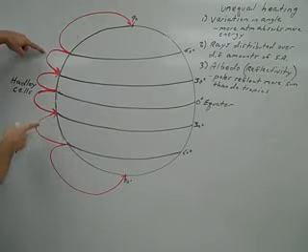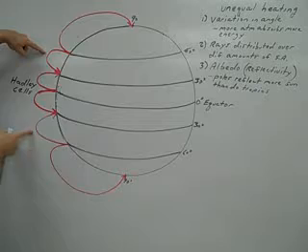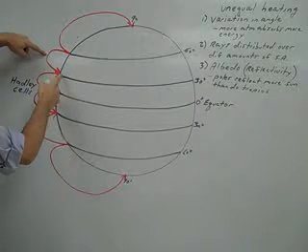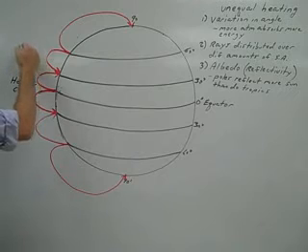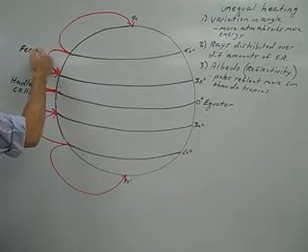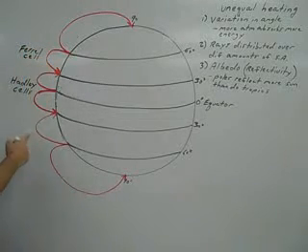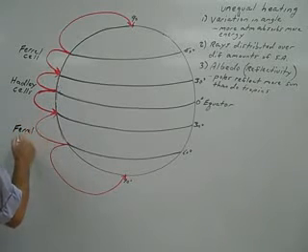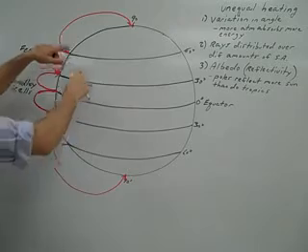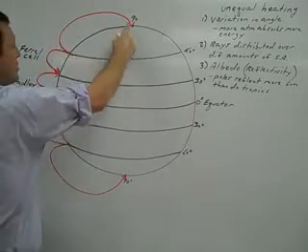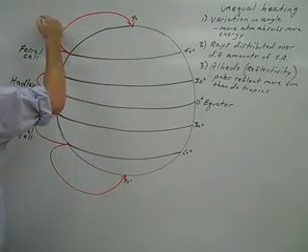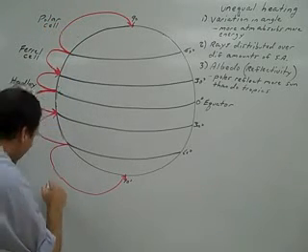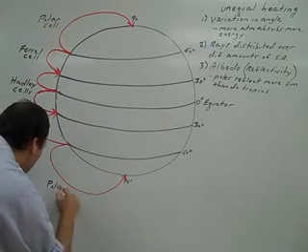Now above those Hadley cells, you've got 2 more cells of air, going from 60 degrees and falling back to 30 degrees. This is referred to as a Ferrel cell. Same thing here, Ferrel cell. And then up here, where the air rises and falls at the poles, we're going to call that a polar cell. Same thing down here, a polar cell.